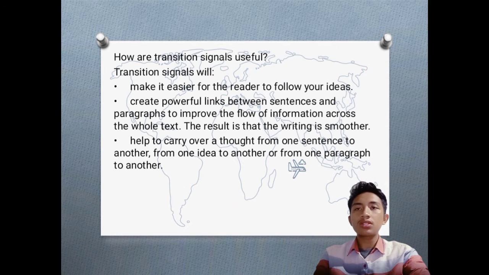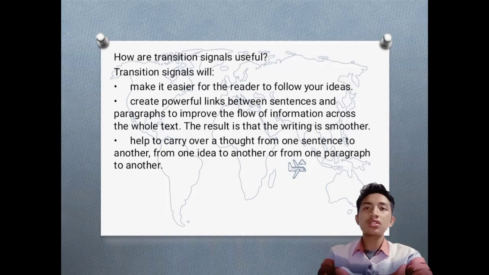The result is that the reading is smoother. They help to carry over a thought from one sentence to another, from one idea to another, or from one paragraph to another. So I want to explain to you how transition signals are useful.